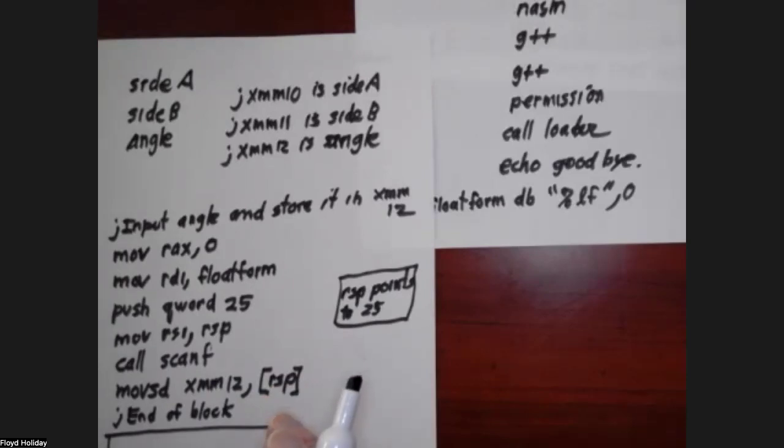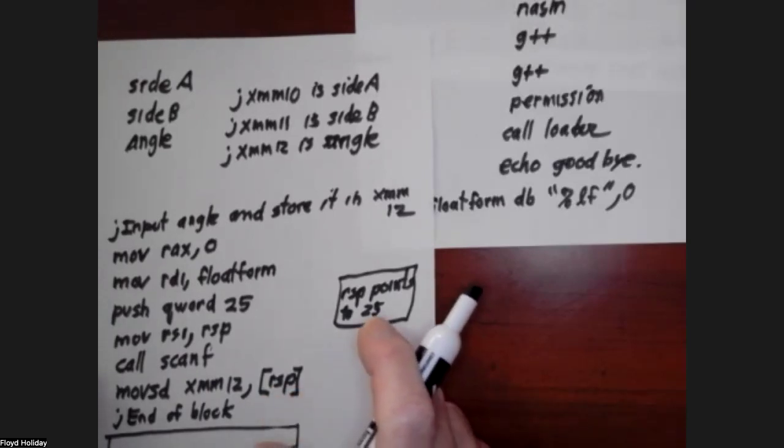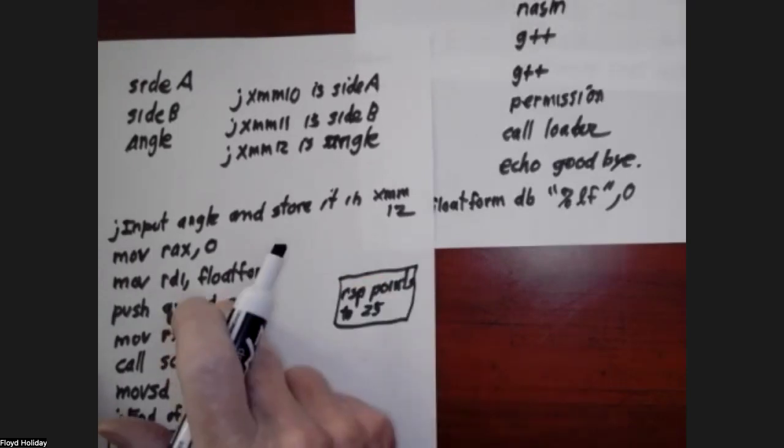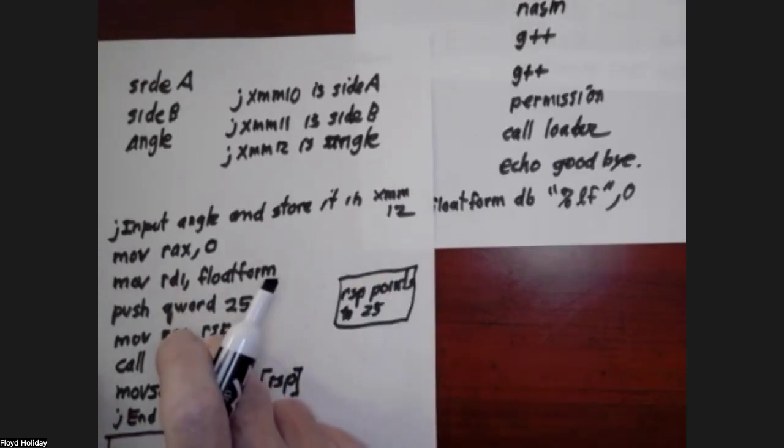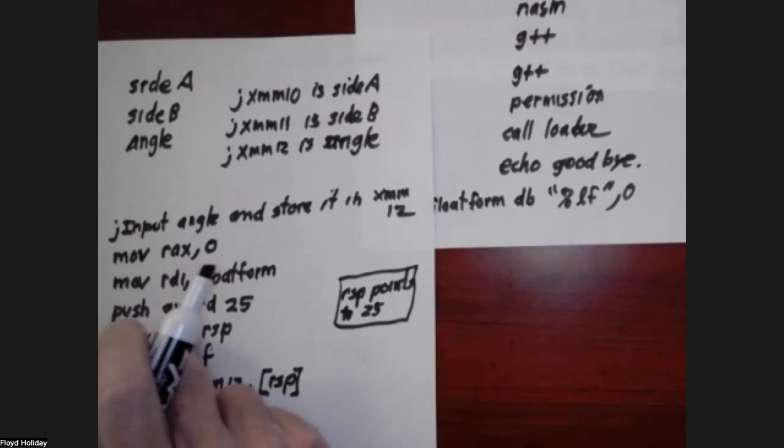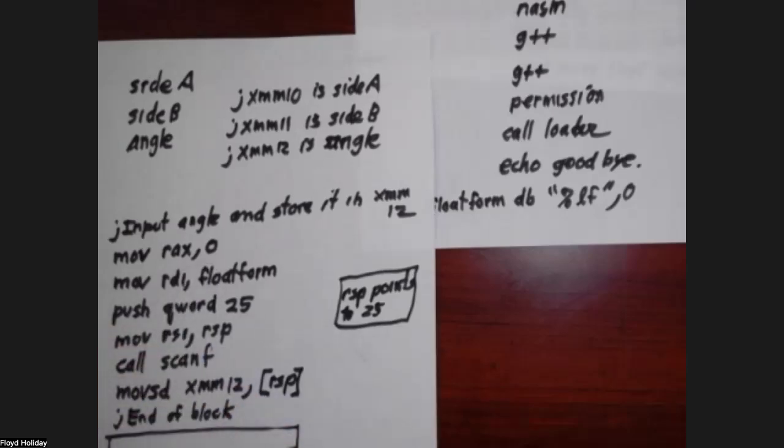Scanf is at fault here. It wants to put this incoming number in memory rather than in an XMM register. I argue that the easiest place for memory is the top of the stack. I create a top of the stack, give it a junk number, and move the pointer to the top of the stack to the register that scanf understands.